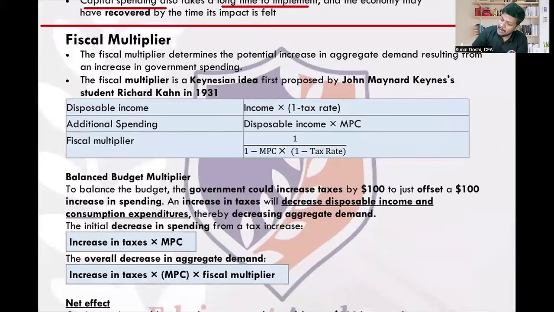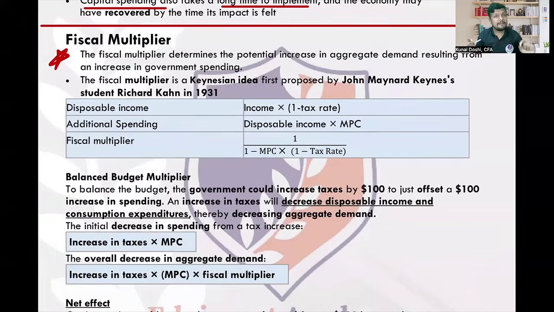It is called a multiplier because when the government decides on spending, the money goes into the economy and is used by the consumer. The consumer pays taxes, and then buys some goods and services. When they buy goods and services, the money goes to someone else, and that person will start spending. In this way, the spending that the government does keeps on rotating in the economy multiple times.